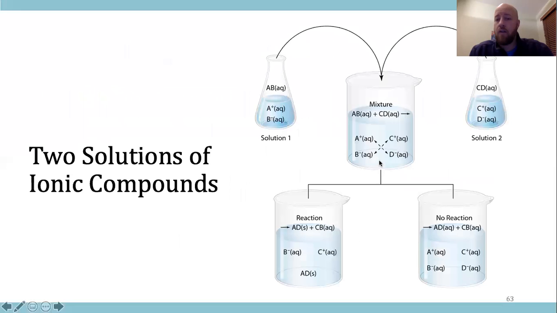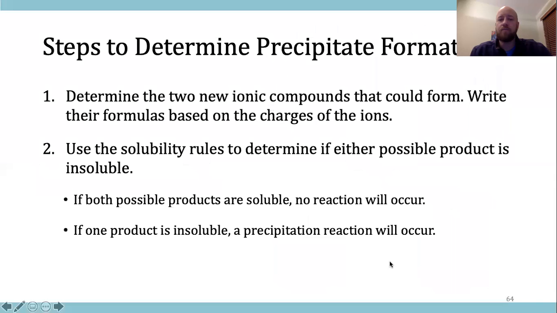And as they go together, obviously A and B were already soluble, C and D were already soluble, but now you have the interactions of A and D, B and C, the positive ion with the new negative ion. So the question is, what happens? Is something going to make a solid or is it not? Okay.